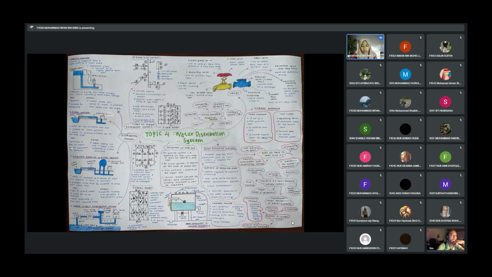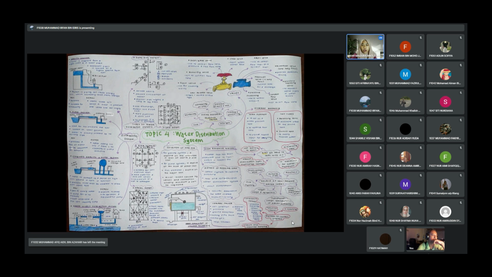And then types of water distribution system have four, which is dead end, grid, ring, and radial. For piping material, there is selection factor and selection of pipe size. Then there is two types of component in distribution system, which is valve and storage reservoir.